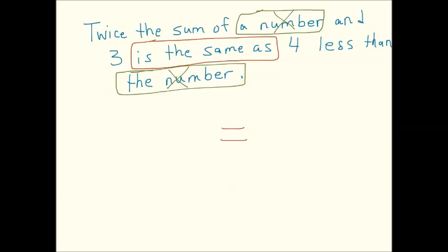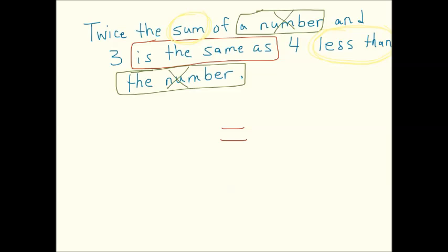So the next thing we look at is our operations. The first operation that I see there is addition, and it's right there, sum. The second operation I see is less than, and that's going to be minus. Now less than and more than mean something a little bit different than just plus and minus, so we'll talk about that in just a second.